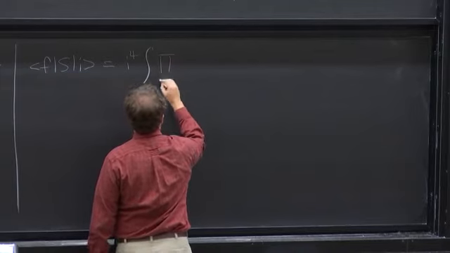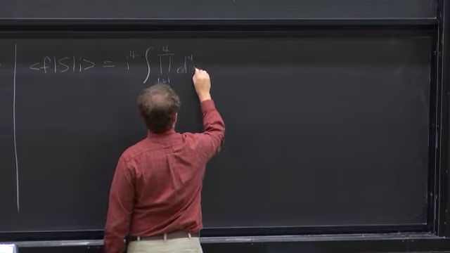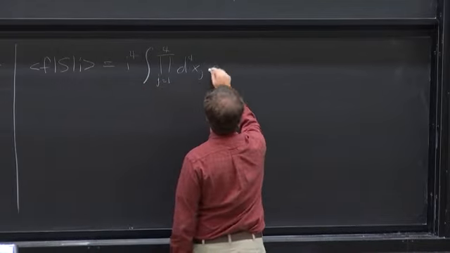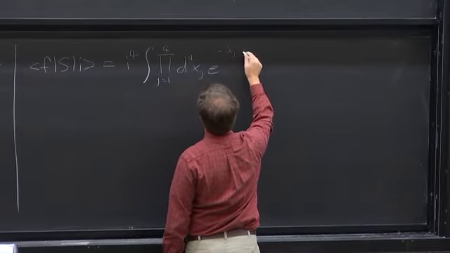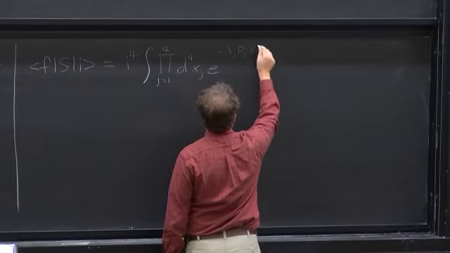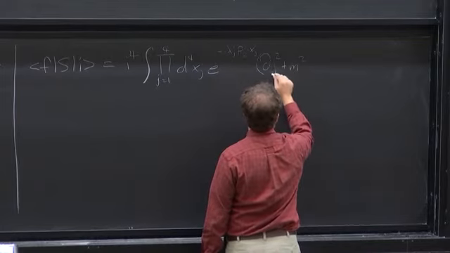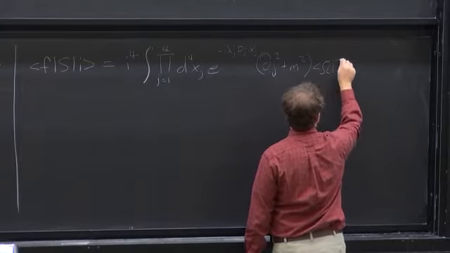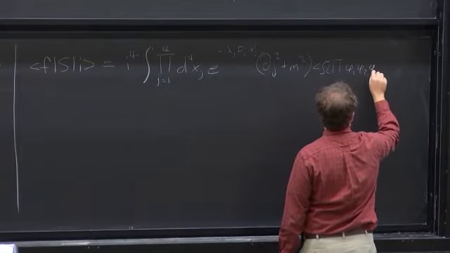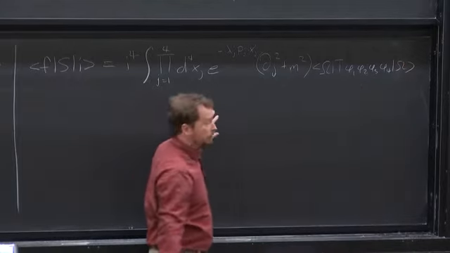Integral, product for x_j, by lambda_j. Okay, so I'm using the same notation as before.